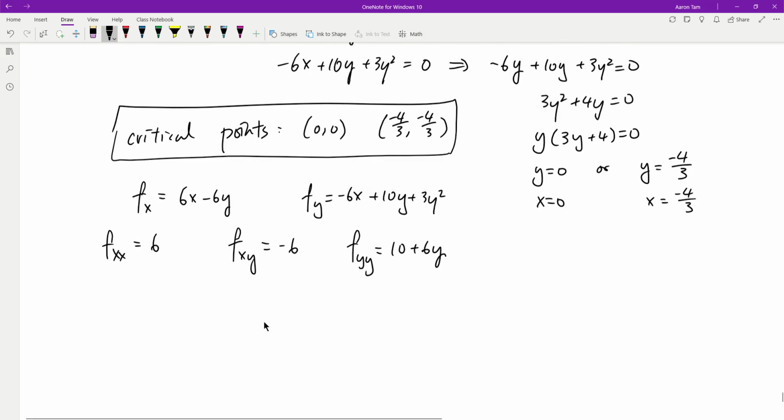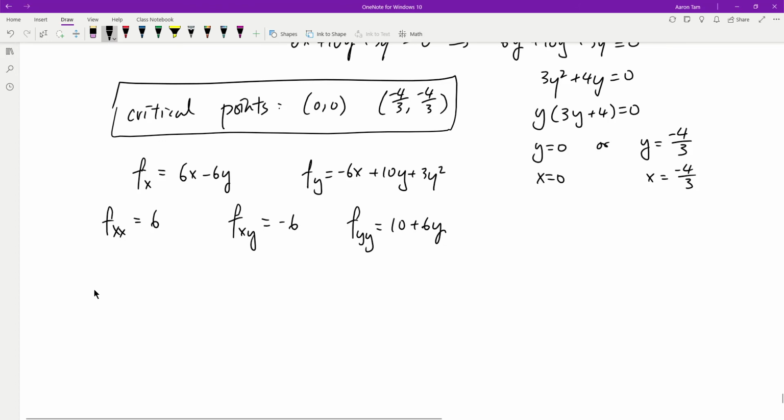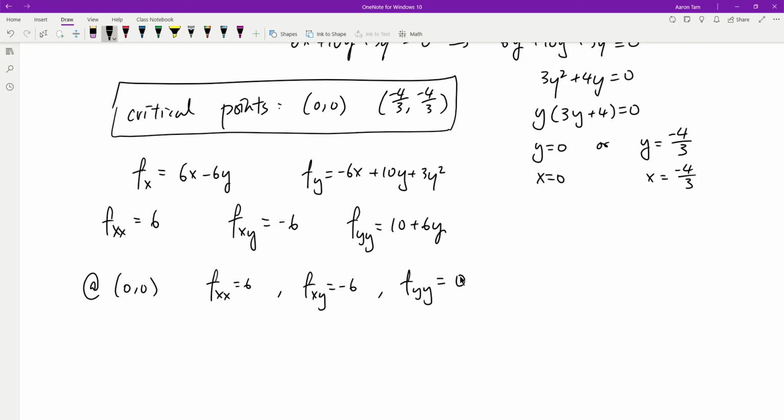So we have two critical points, so we're going to try to do this. At (0, 0), fxx is going to be 6, fxy is going to be -6, and fyy is going to be, oh, I'm sorry, 10. By putting 0 for y, I get 10.